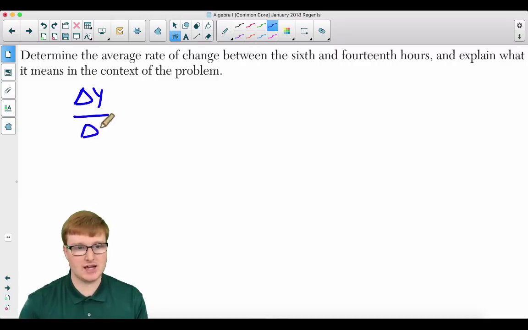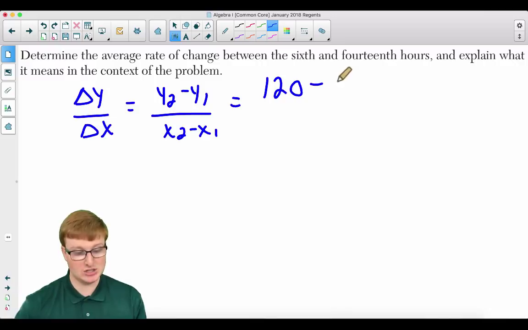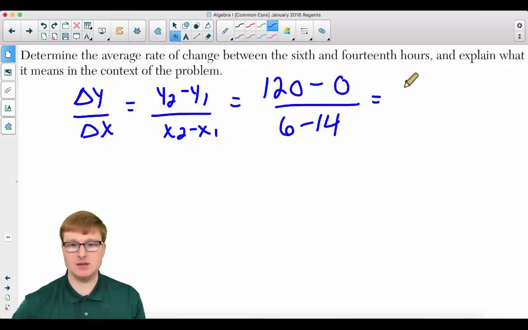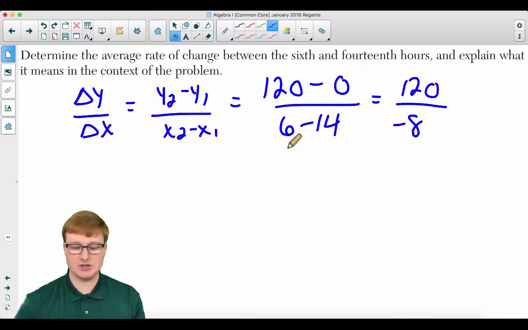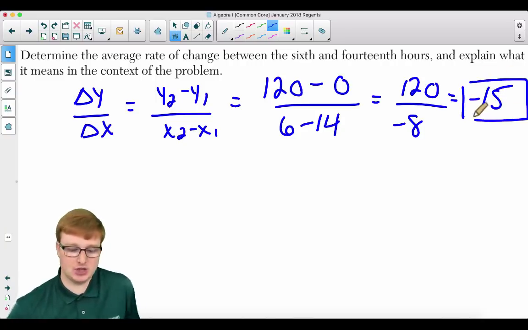Change in y over change in x, which is just the same thing as y2 minus y1 over x2 minus x1. That is going to be 120 minus 0 over 6 minus 14. That's going to be 120 over negative 8. So that is going to be an answer of negative 15. So that, ladies and gentlemen, is the average rate of change.